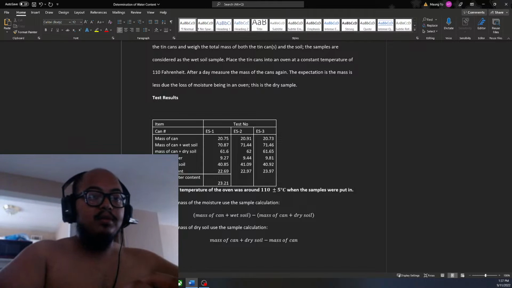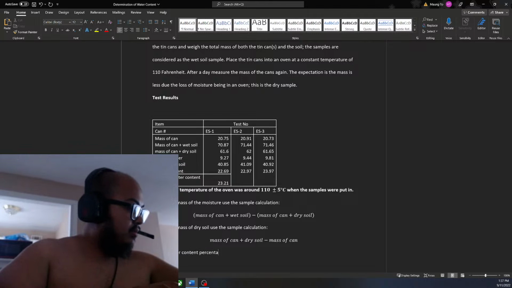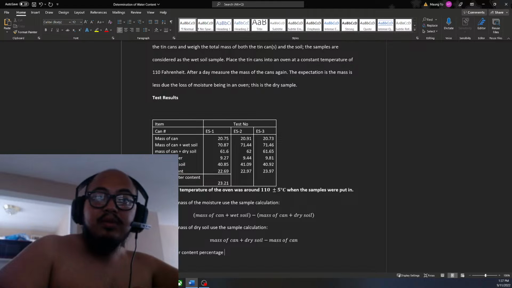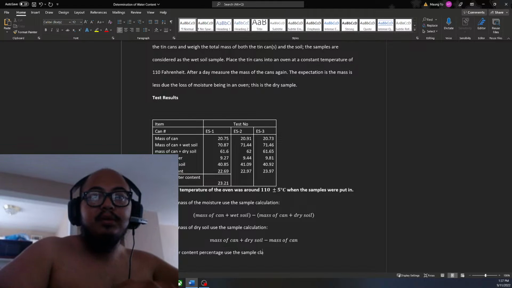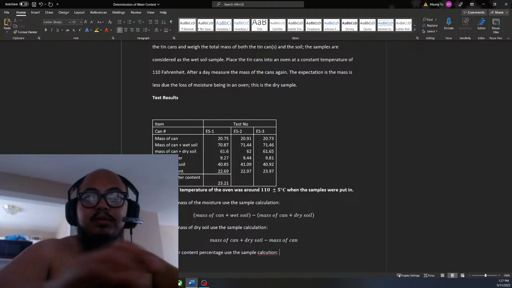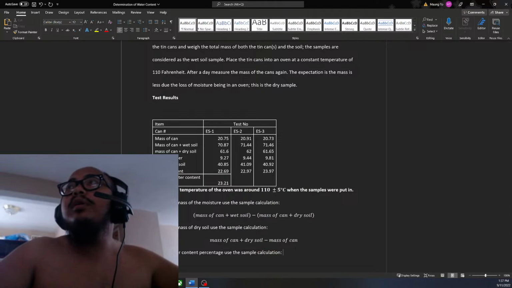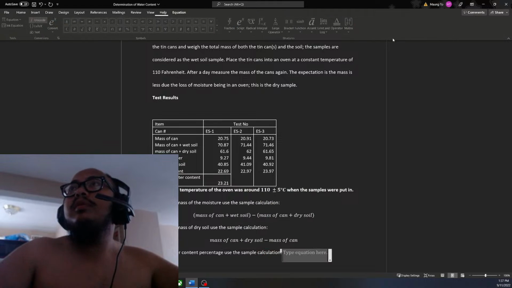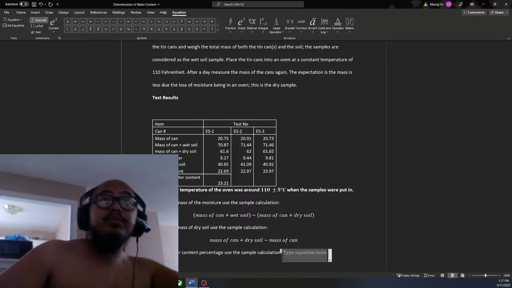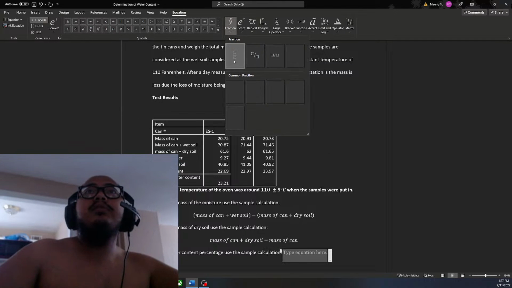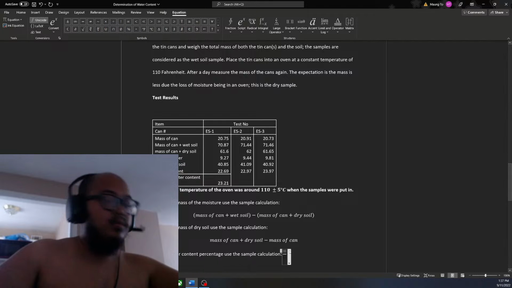To find water content percentage, use the sample calculation. Okay, this one's going to be busy, but it's fine. Let's do a fraction. This one might be a little hard.